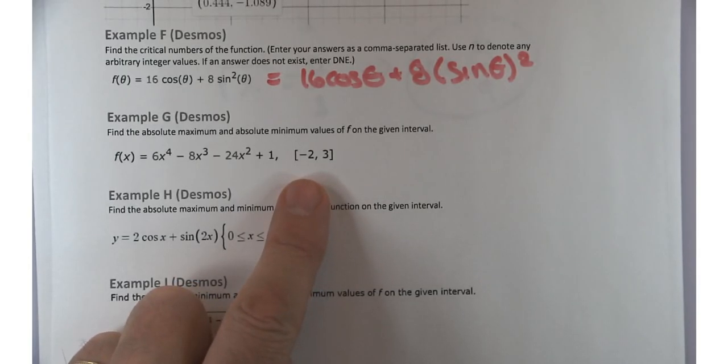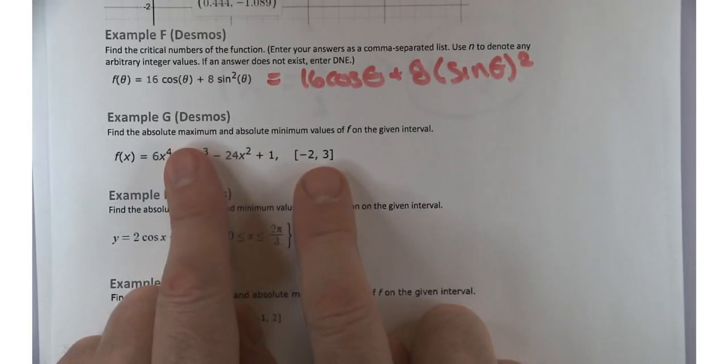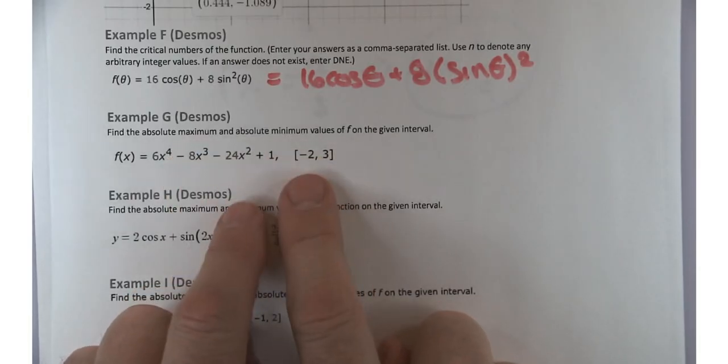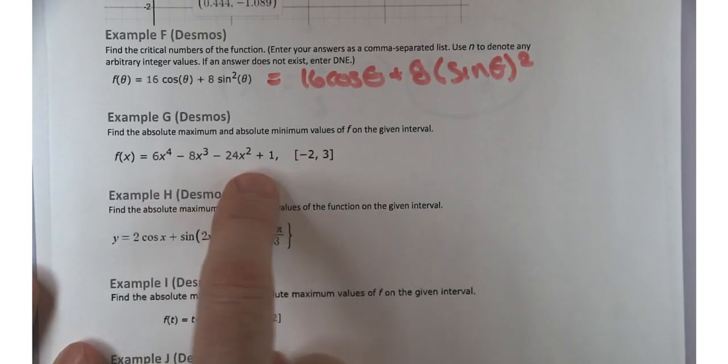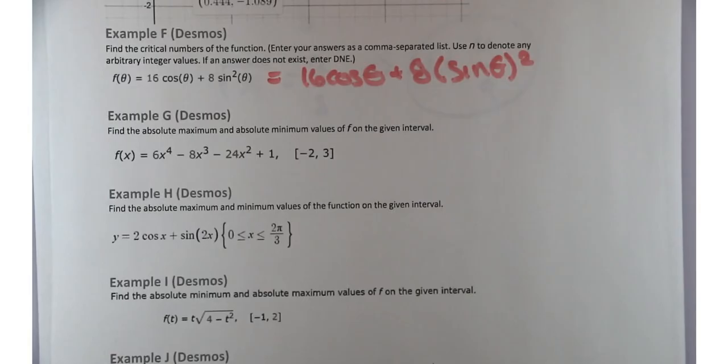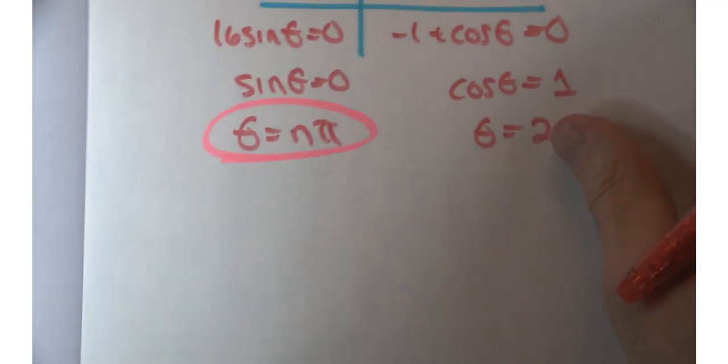And let me be very clear about this. I test you on this. In order to find the global max, or the absolute max and absolute min, you're going to have to look at the endpoints and any critical points and evaluate the function at both sets. So let's do example G and see how that works.